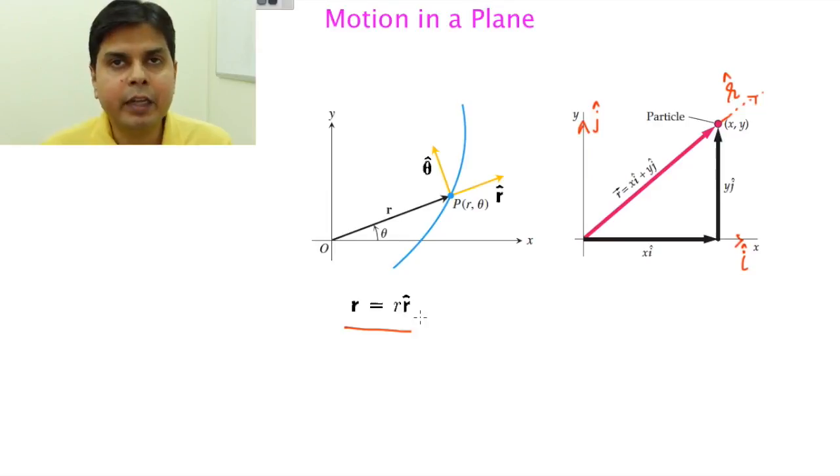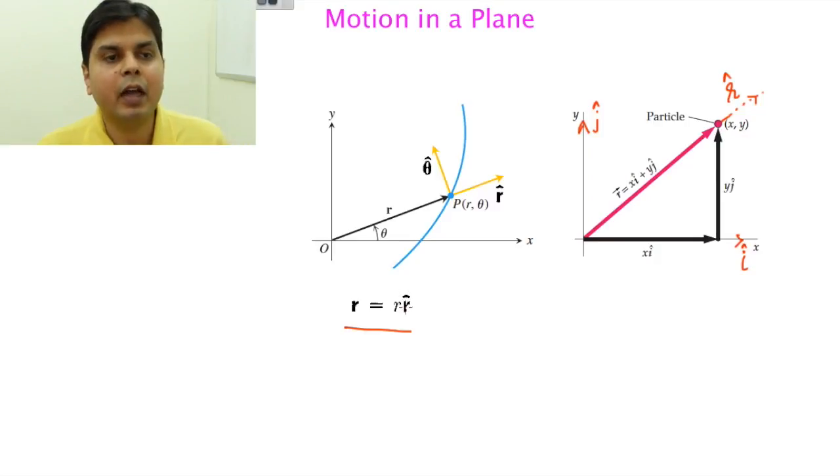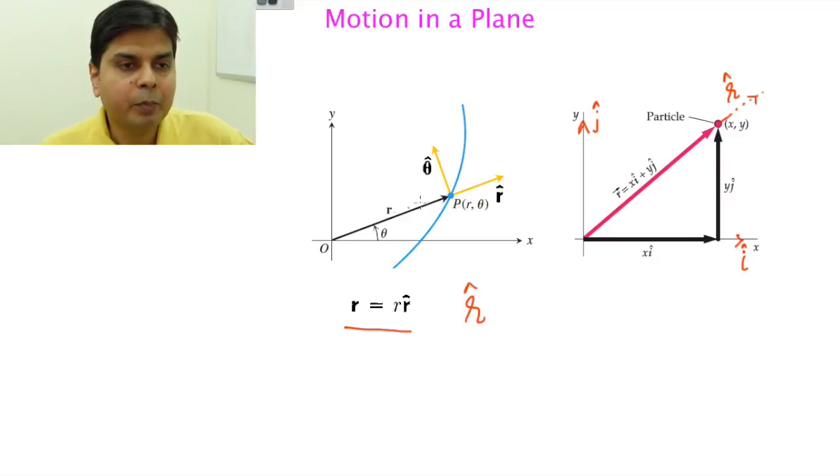When you are dealing in 3 dimensions, you need i, j, k also. So you can say this is a very simple notation, and how come only one unit vector r cap is describing the position when your particle is here at this point P, and this is my r cap.